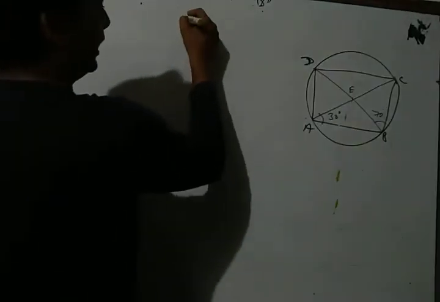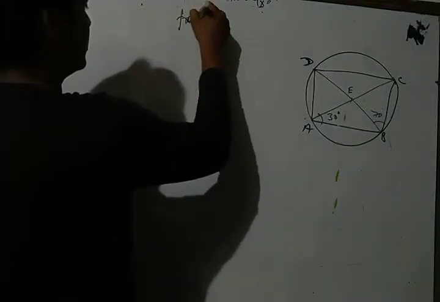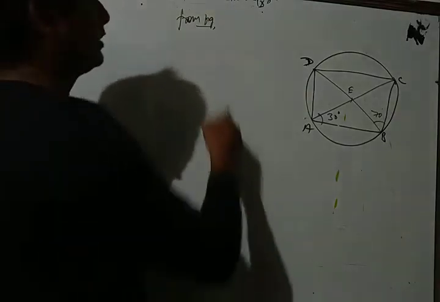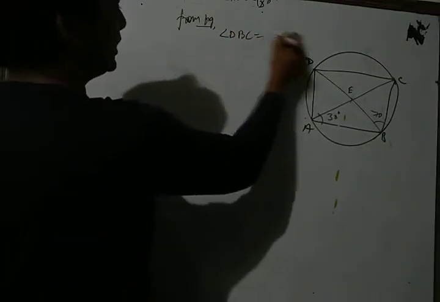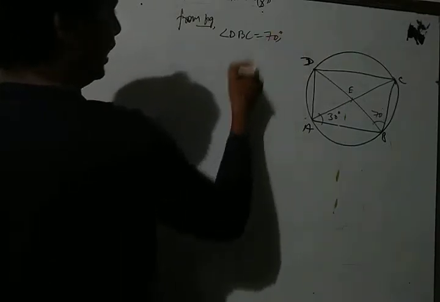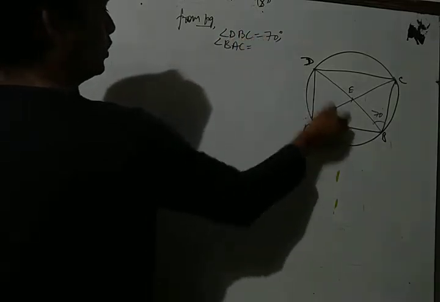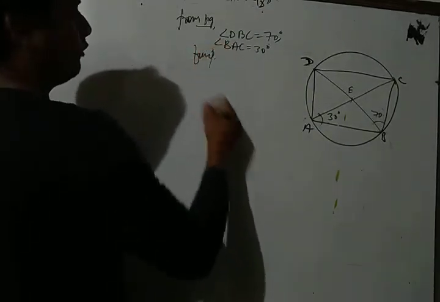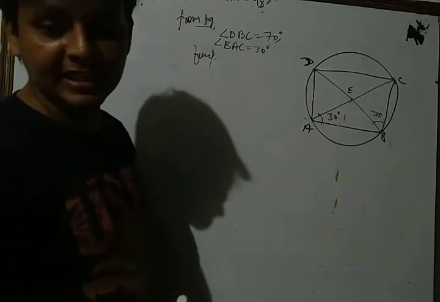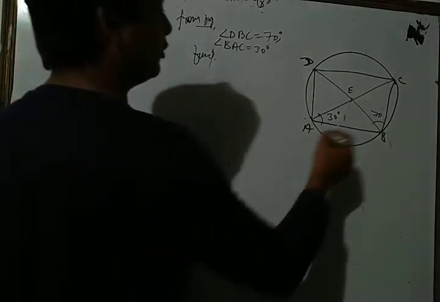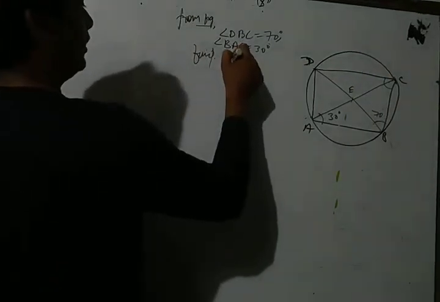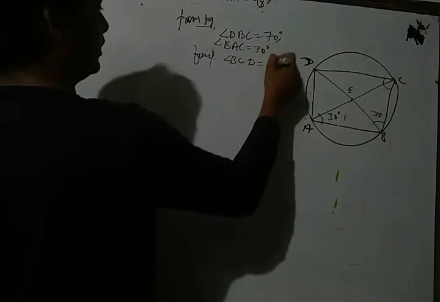From the figure, what we have: angle DBC is equal to 70 degrees, and angle BAC is equal to 30 degrees. We find which angle? Sorry, find angle BCD. We find angle BCD.